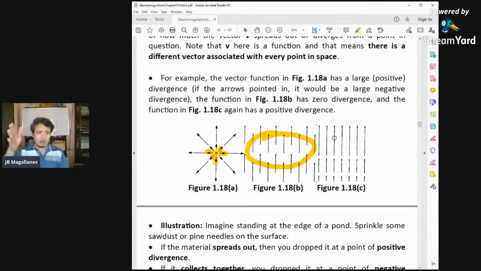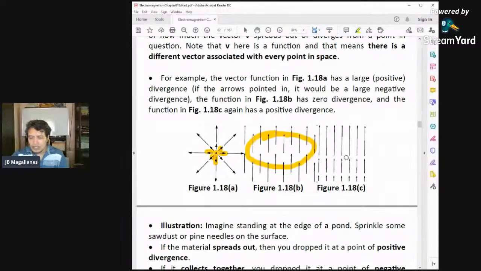So at any point away from the source, the vector changes. Like here, the value of the vector is smaller, and then in this case you have larger, and then it becomes large. So it's getting bigger.